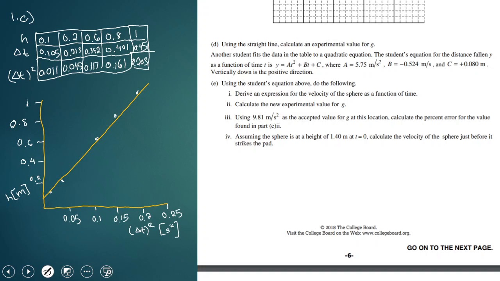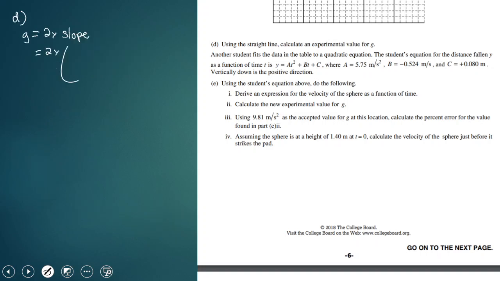So one of them was 0.8 and 0.16. So very small range over there. And the second one would be around 0.2 and 0.04, sorry, were the points that I would use. Now you can use any other points as long as it lies on the line and you know that it's easy to work with. These are just the ones that I found would be the best to utilize.